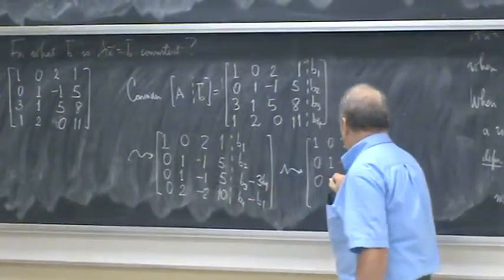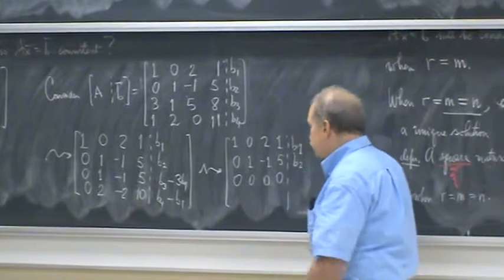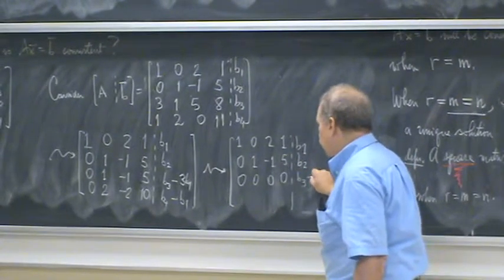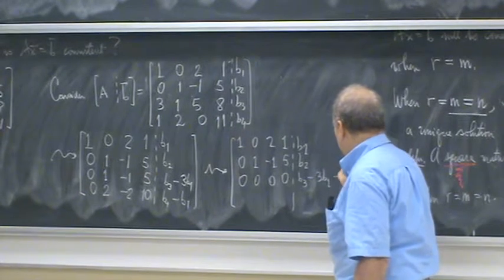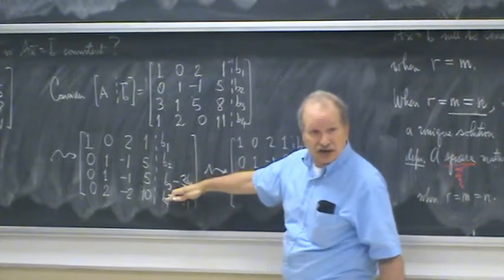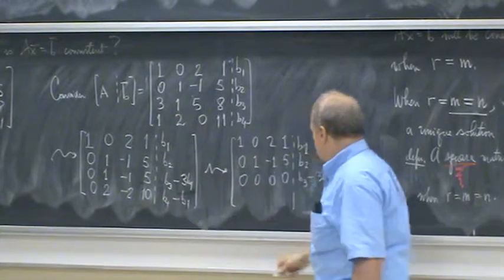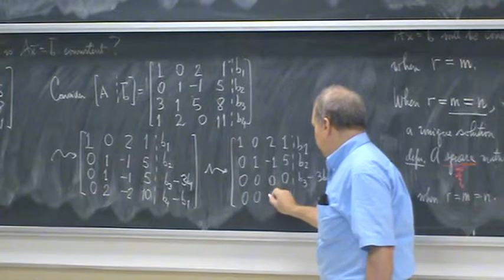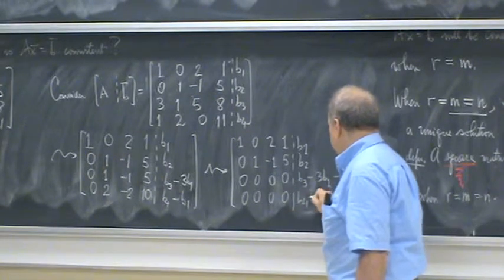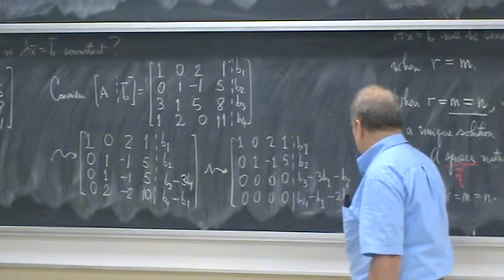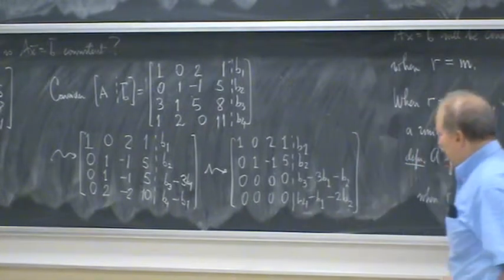You get a row of zeros: B3 minus 3B1 minus B2, because I subtract the second row from this row to get a row of zeros. And what about the fourth row? A bunch of zeros. B4 minus B1, and then minus 2B2.